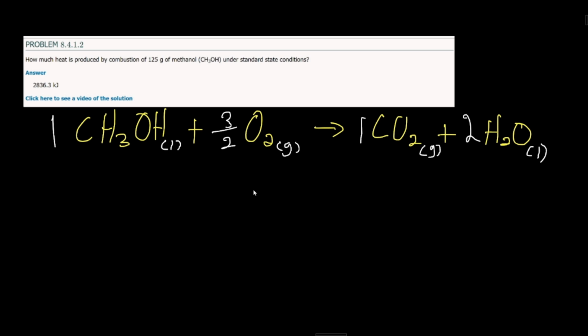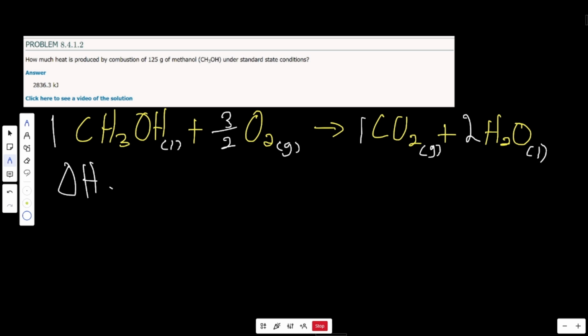The enthalpy per mole. I don't have the table here right now, but I have the enthalpies of formation for each of these substances. You can look them up. The enthalpy of formation for methanol is negative 239.2 kilojoules per mole.